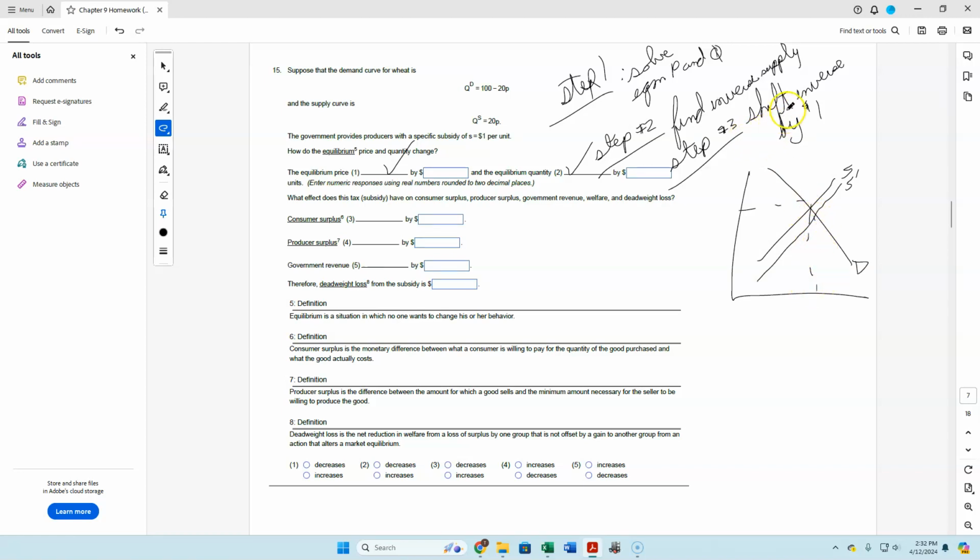Because when you shift the inverse by $1, then in step 4, you're going to resolve the equilibrium price and quantity, and fill in the missing information to be able to solve for your consumer surplus, producer surplus, deadweight loss, and government revenue.